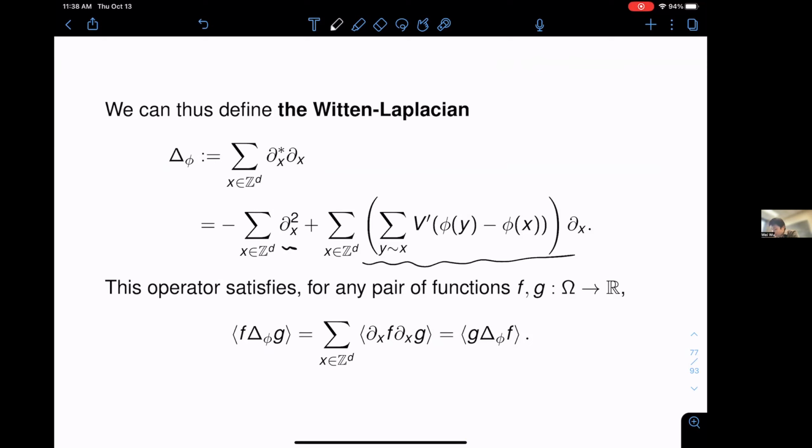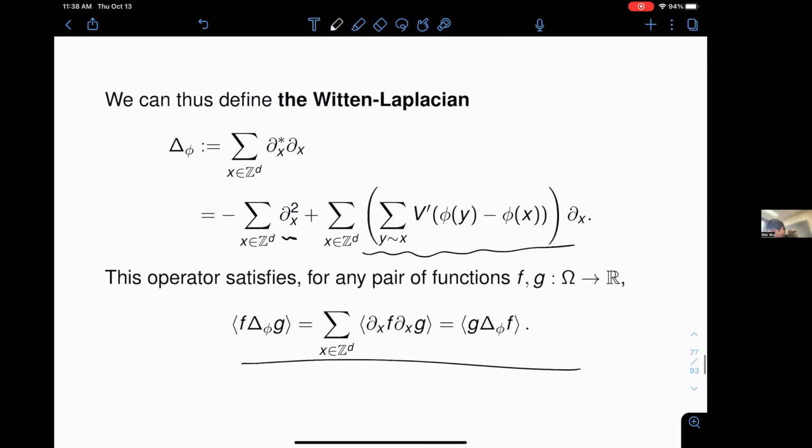And you can see that probabilistically, this is in fact the generator for the Langevin dynamics of your Gibbs measure. And therefore you can also check it's a self-adjoint operator if you take the expectation with respect to the original Gibbs measure. So you have this relation, which tells you the self-adjointness.